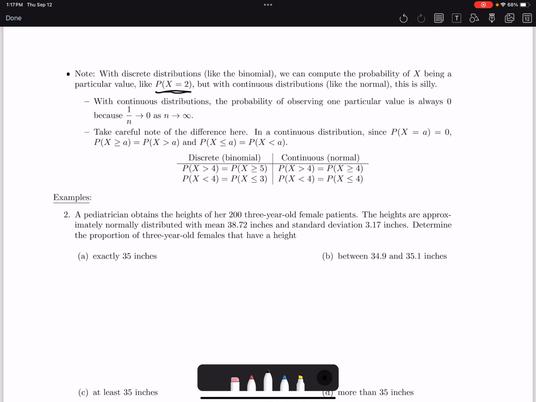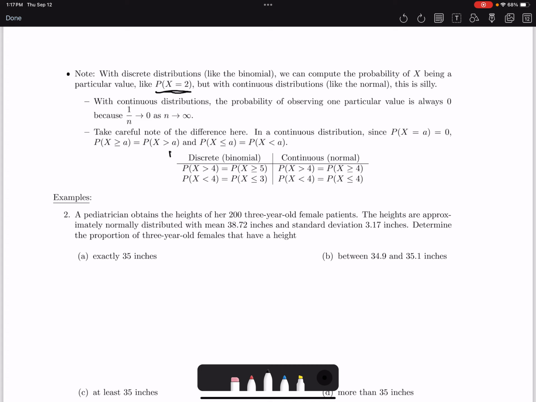In a continuous distribution, since the probability x equals a is always 0, the probability that x is greater than or equal to a would be exactly the same as the probability that x is greater than a, because the equals doesn't contribute anything. Similarly, the probability that x is less than or equal to a would equal the probability x is strictly less than a.